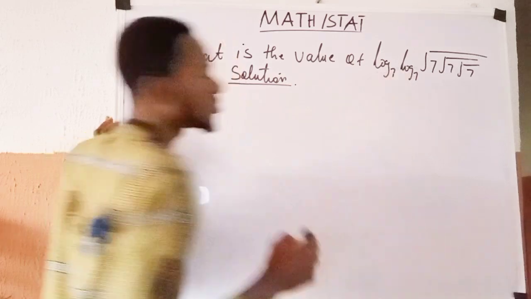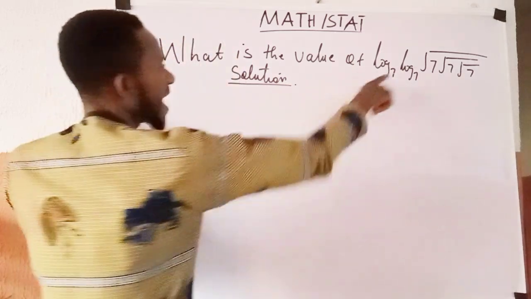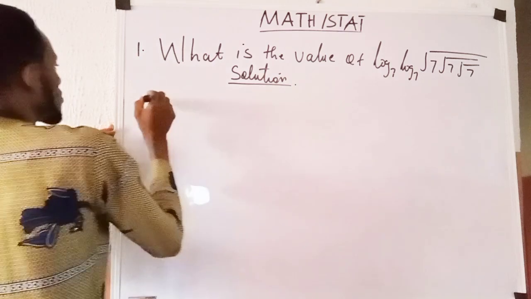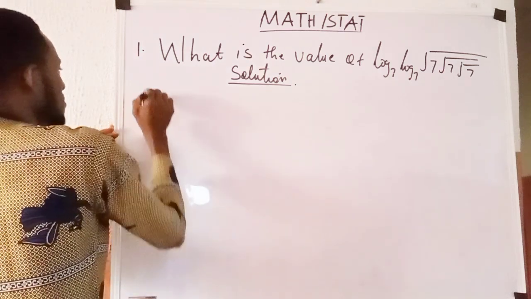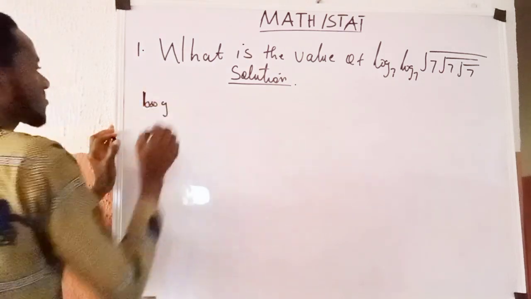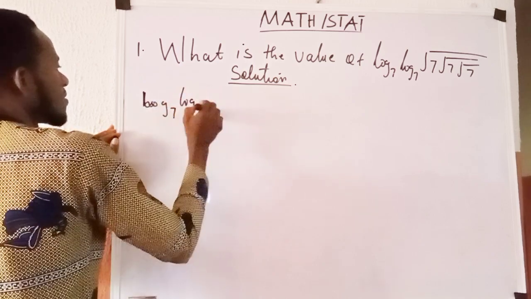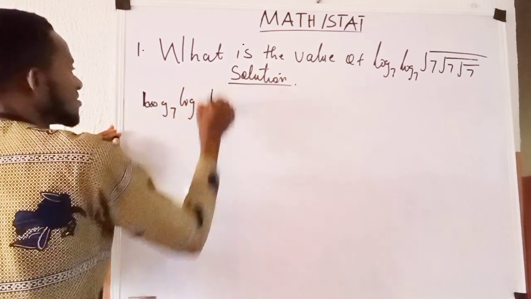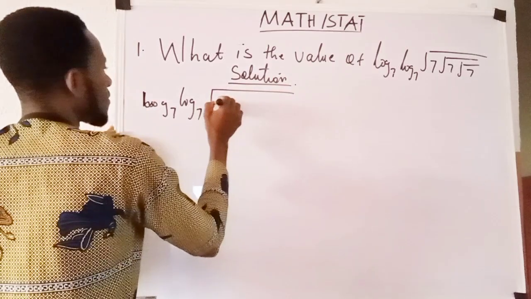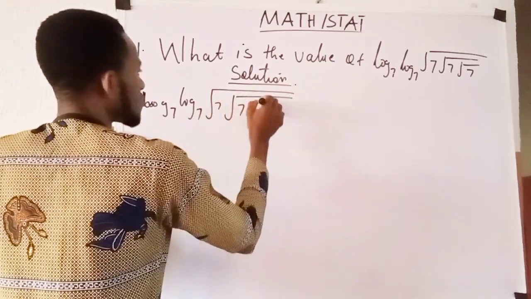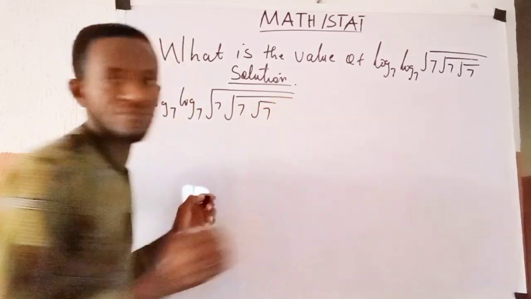First of all, we want to let you know that this which we have here is the same thing as log base 7, log base 7 of the square root of 7, square root of 7, square root of 7.